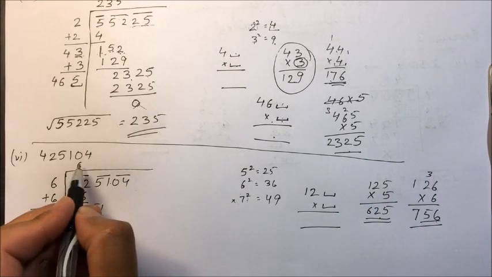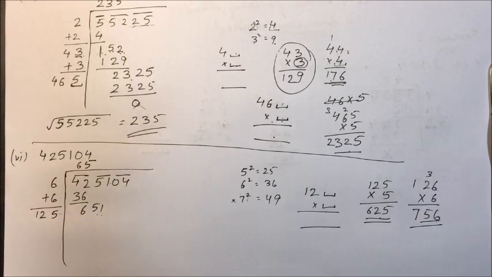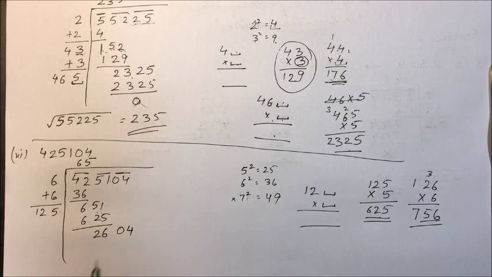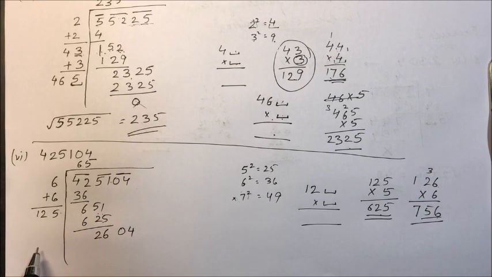Put here 5, here 5. Here will be 625, the remainder will be 26, and now write down 04, so 2604. Here we have to add the same digit, plus 5.